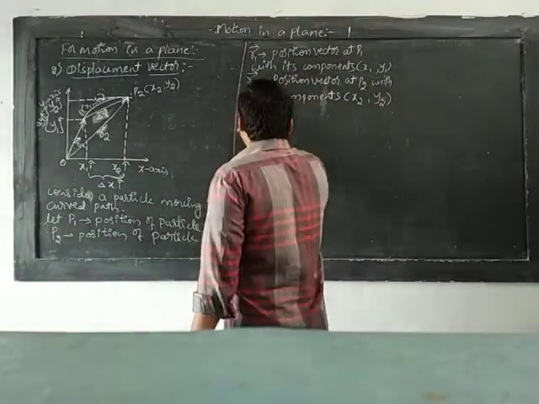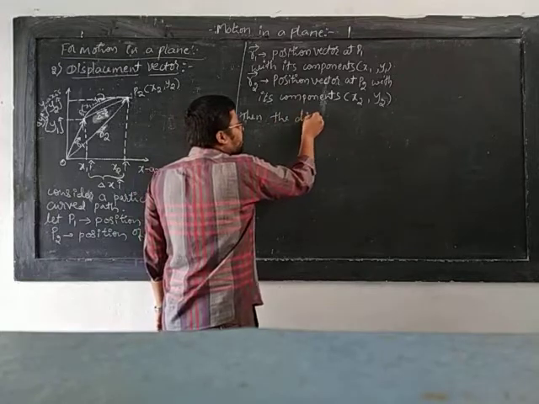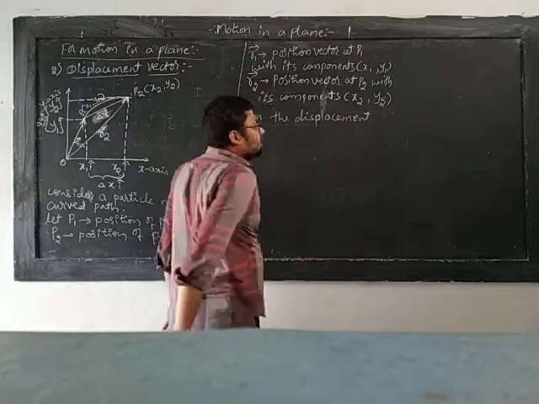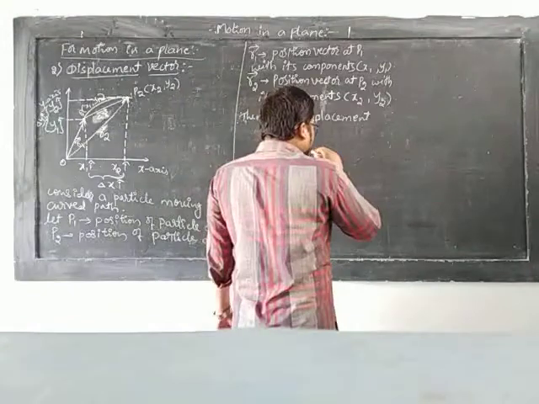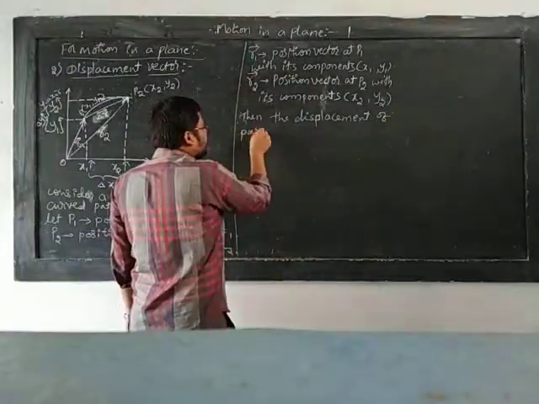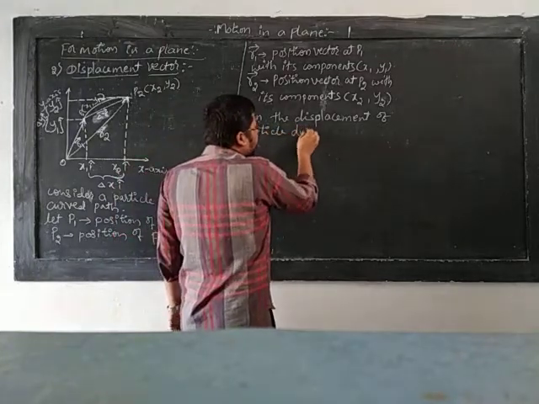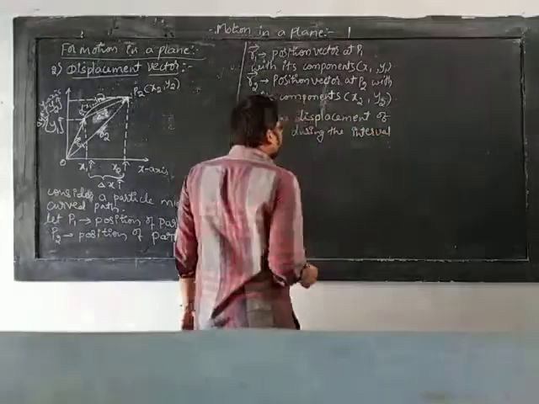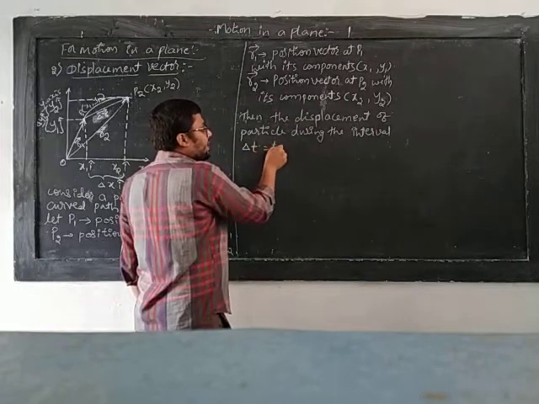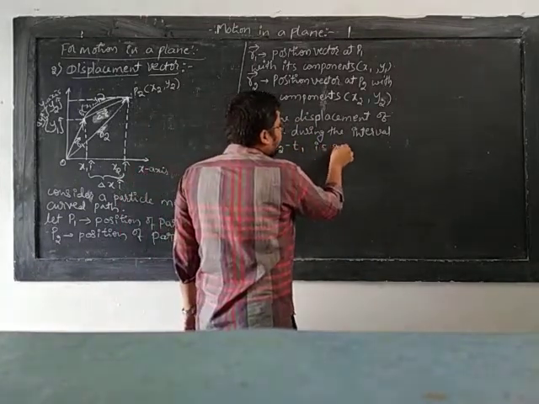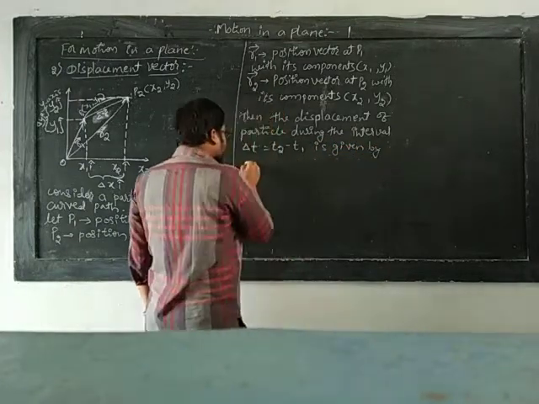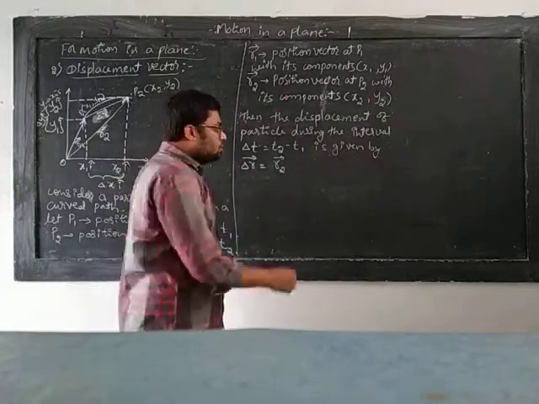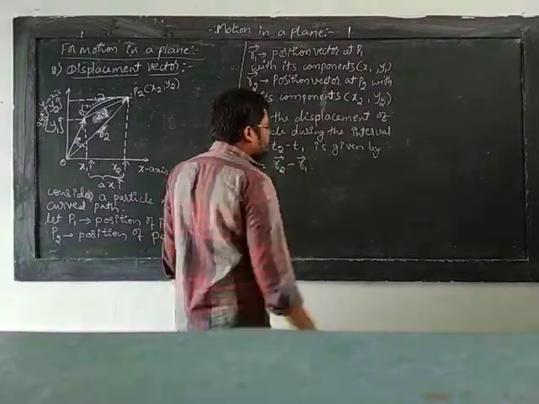The displacement of the particle during the interval, taking delta t equal to t2 minus t1, is given by delta r equal to vector r2 minus vector r1.